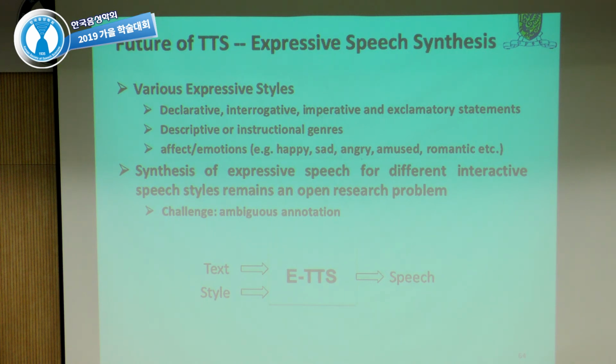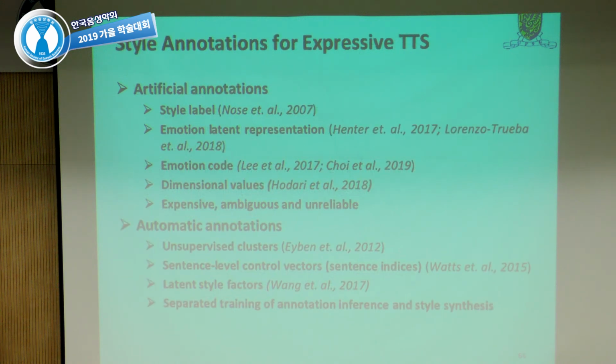But the challenge is how to specify the style. Take emotion as an example, as we all know that emotion is quite subjective, both in generation and perception. So how to provide the data for the model to learn is a challenge.